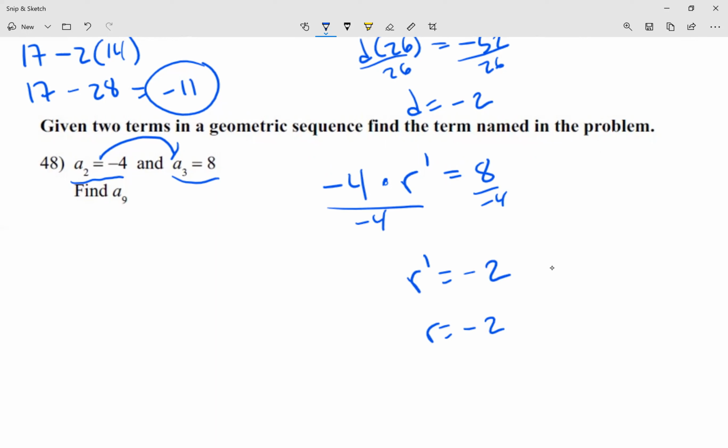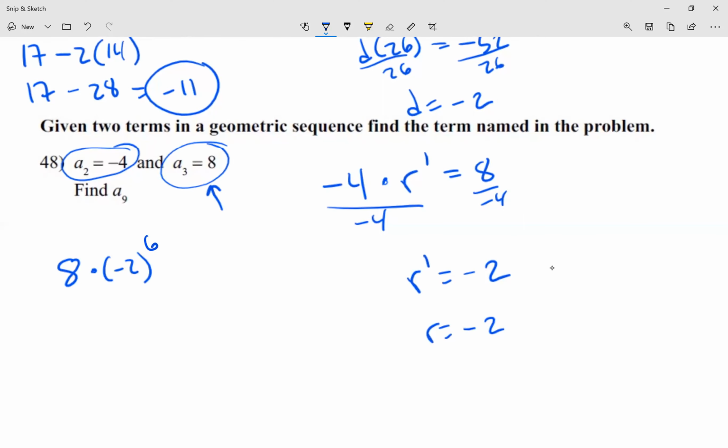Okay, so now I'm ready to find the 9th number. It doesn't matter if you start from the second number or the third number in the list. Both of them come before 9. So just to pick one, I'm going to choose this one, 8. I start with 8, and I'm going to multiply by -2 six times, because from the third number to the 9th number, that's 6 times.